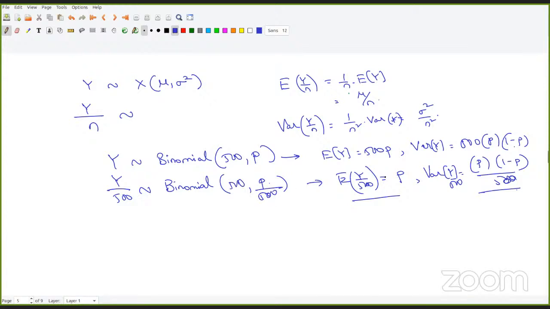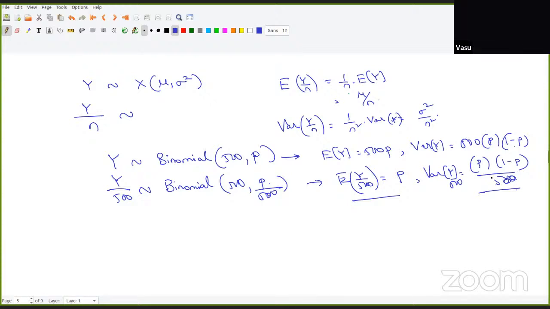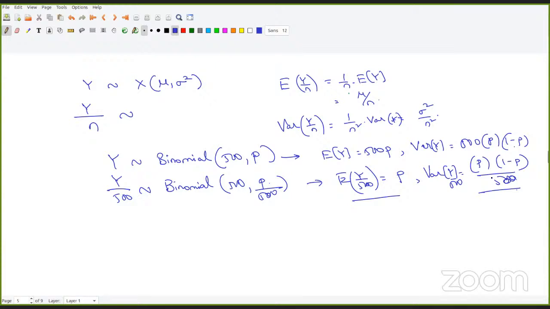So the expected value will be p, and the variance will be p times 1 minus p by 500. Sir, p is the probability, right? Yes, p is the probability of success.